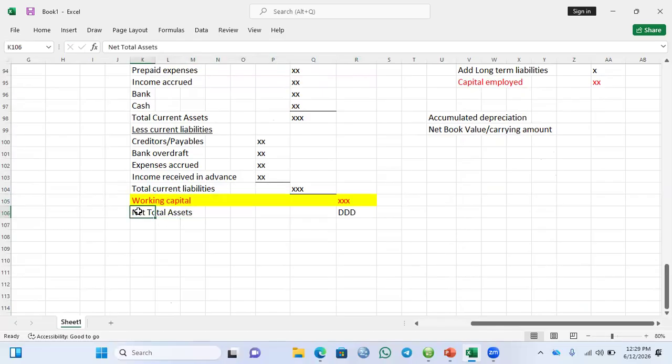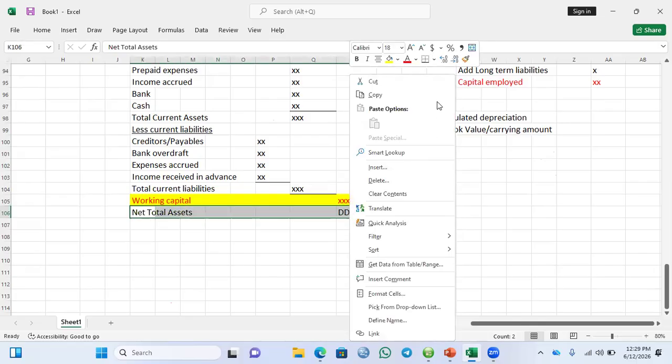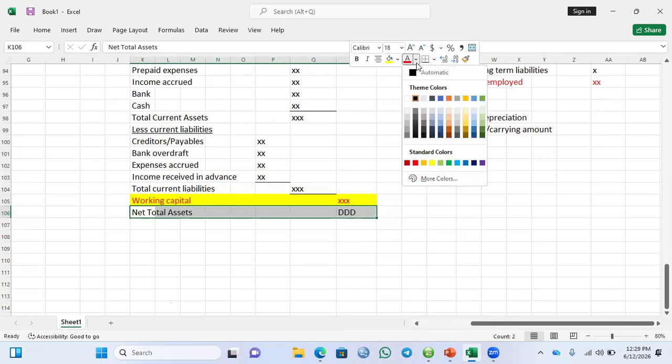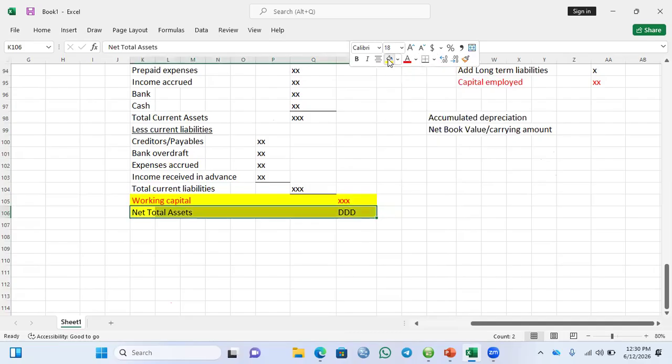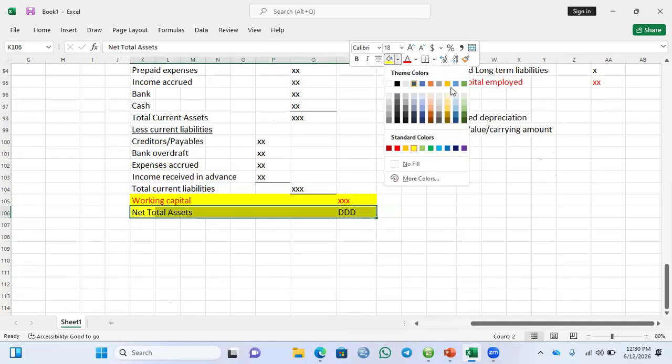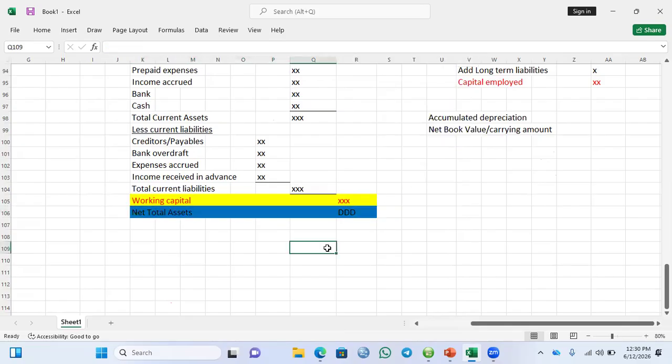Then you can say you are done with the first section of the balance sheet. Let me use a green. Okay, so that's our net total assets.